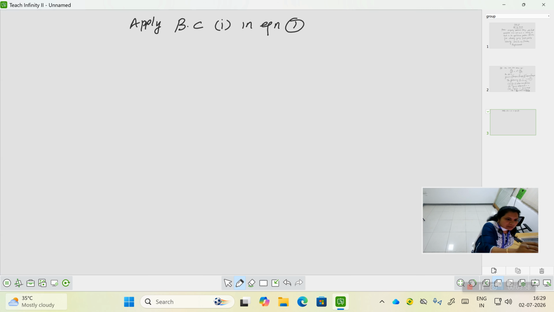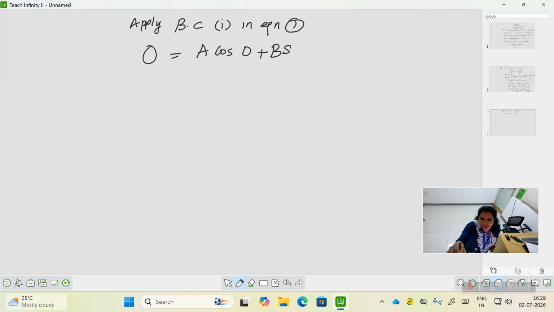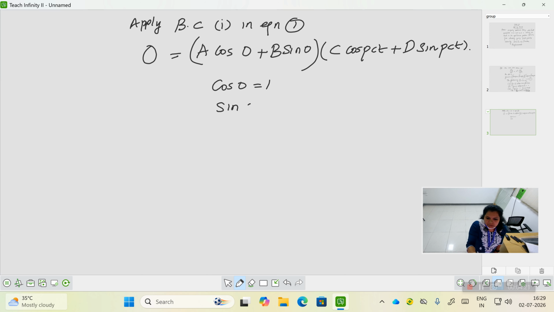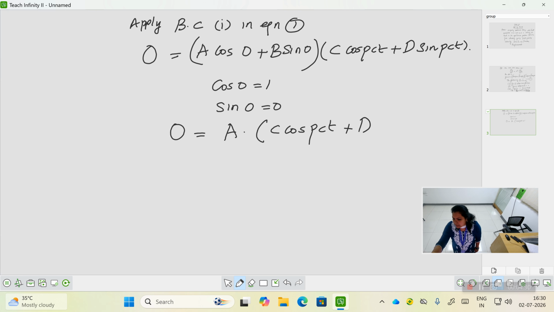So what is that? Your LHS is 0, a cos 0 plus b sin 0 into c cos pct plus d sin pct. As you know that cos 0 is 1, sin 0 is 0. So you get 0 equal to a into c cos pct plus d sin pct.